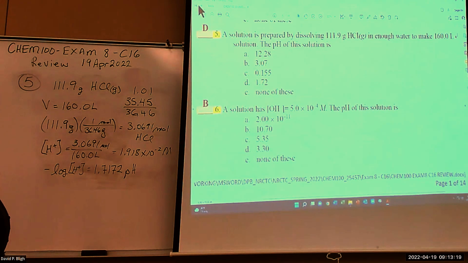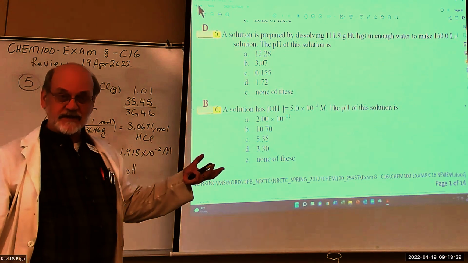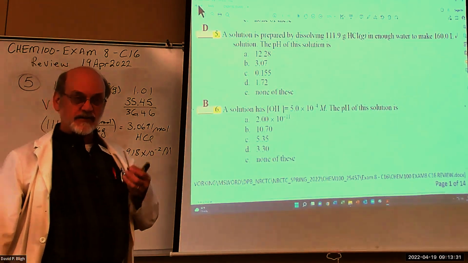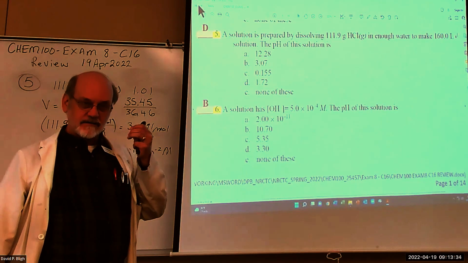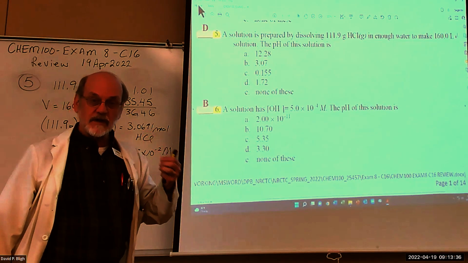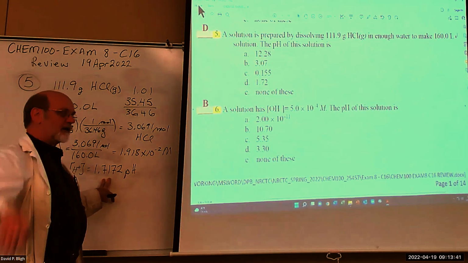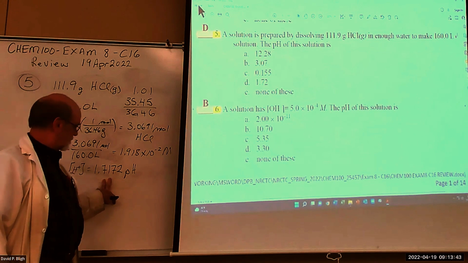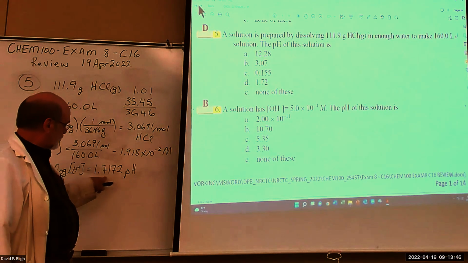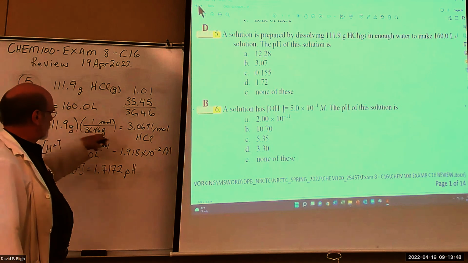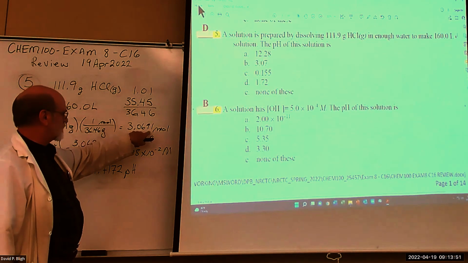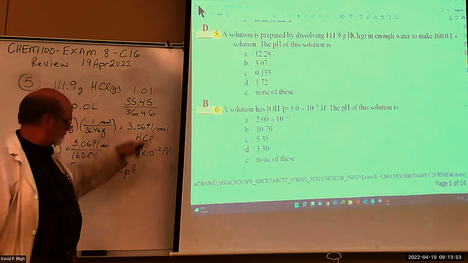Okay, all right. So the best answer here is 1.72. But since none of these is a possibility, if you're strictly sticking to significant figures, then you should have as many decimal places here as you do significant figures, and that should be 4.